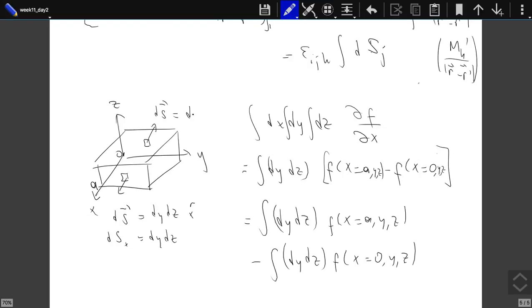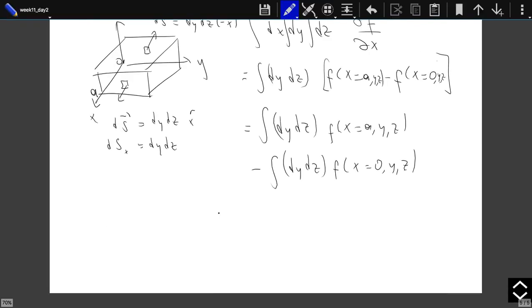It will again be dy dz, but in the minus x direction. So dS x will be minus dy dz. So this will be equal to dS k, f at x equal to a, y, and z, plus dS k, f at x equal to 0, y, and z.